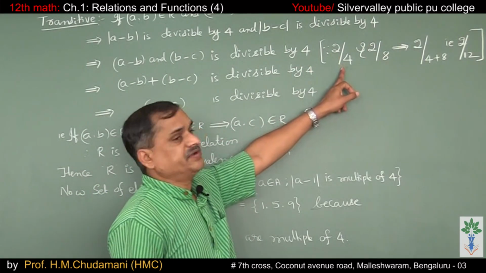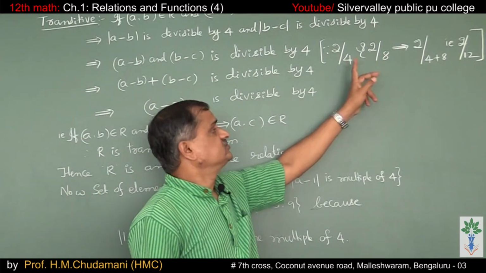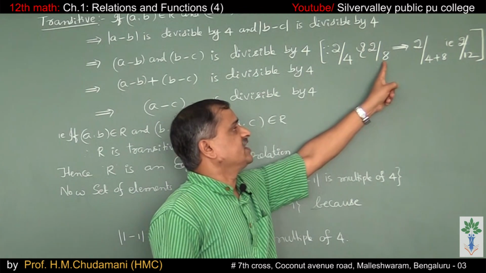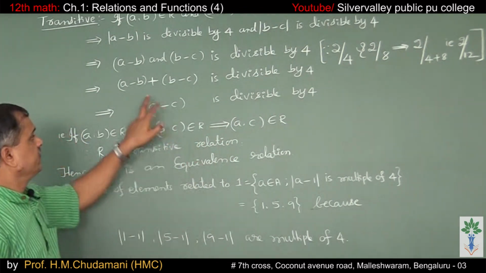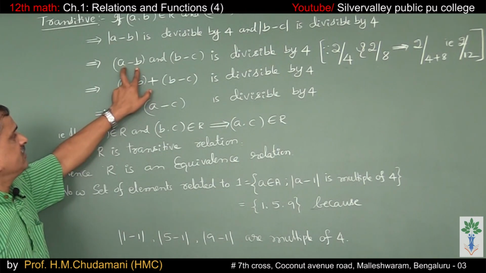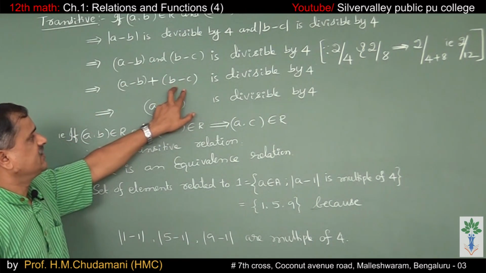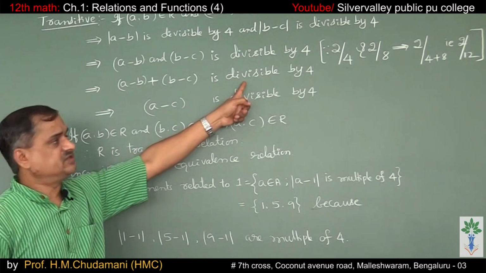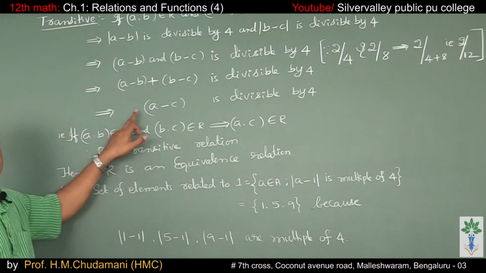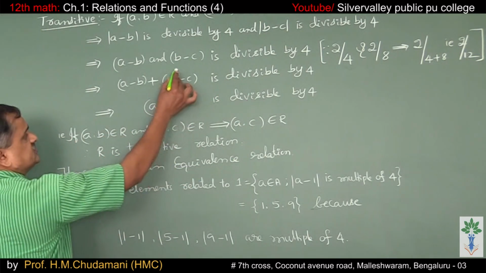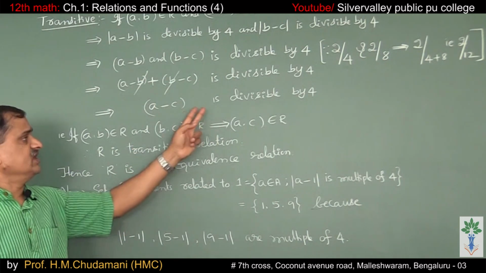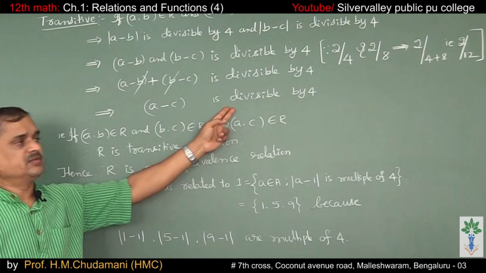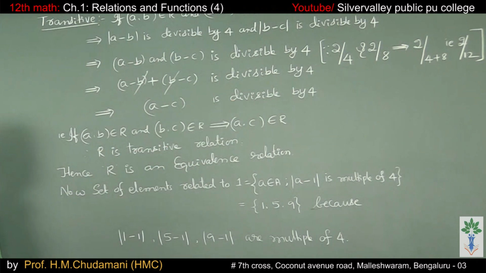Because 2 divides 4 and 2 divides 8, it means 2 divides 4 plus 8, that is nothing but 2 divides 12 also. So the modulus of (a minus b) plus (b minus c) is also divisible by 4. This means that here plus b minus b gets cancelled, so a minus c is divisible by 4.